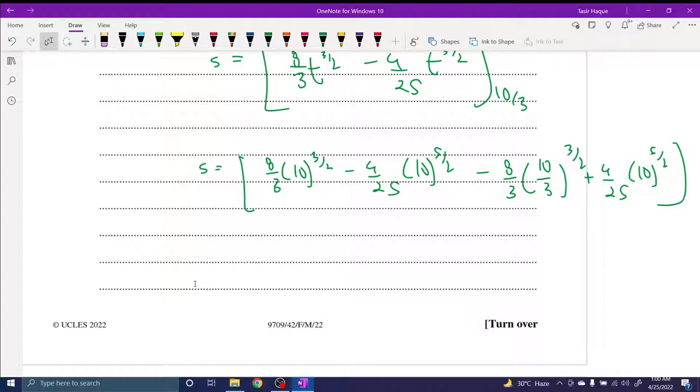Into 8 by 3. You can show it to an appropriate number of significant figures.